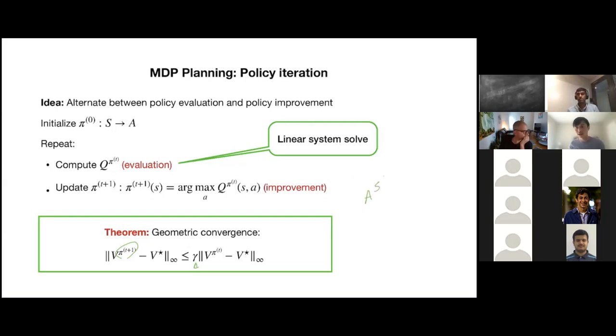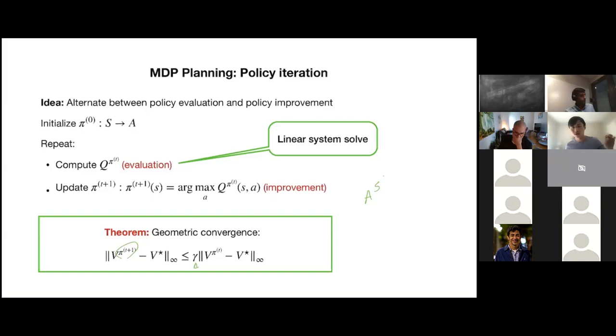Why is this true? This is actually not that hard to see. How many policies do you have? We have in total A to the power of S deterministic policies. In this algorithm, every round is guaranteed to give a new policy that is better than the previous one. Another guarantee you can prove is that once your new policy is the same as the older one, you're guaranteed to find the optimal policy.